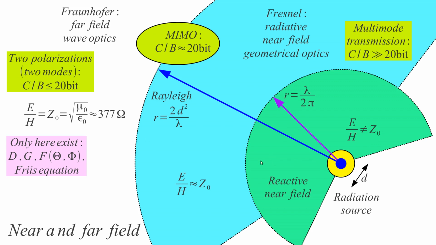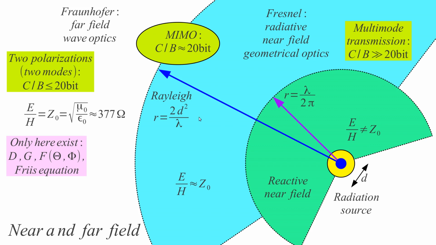The reactive field is much stronger very close to the transmitter, and here is where our bank card works. Bank cards use the magnetic field, so H is very large here. In the radiative near field, we have something in between. So E over H, electric field over magnetic field, is close to, but not identical to, the impedance of free space.